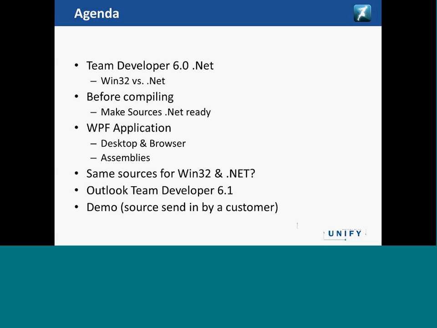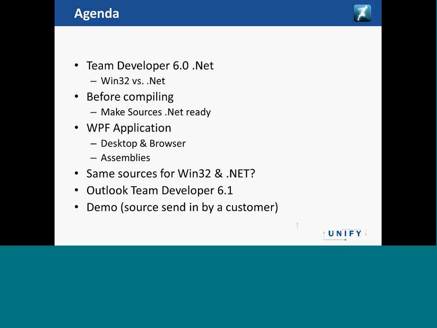So at least we have SAL sources, SAL application language from Team Developer, and this is really the same source if you compile to .NET, or if you want to stay with Win32, or if you want to mix it. Then I want to give you a short overview about Team Developer 6.1 and a demo source from a customer. I want to show this demo source and the steps to get this application running on .NET.